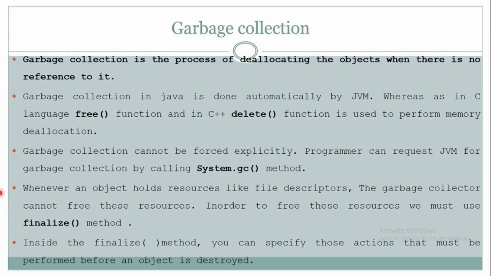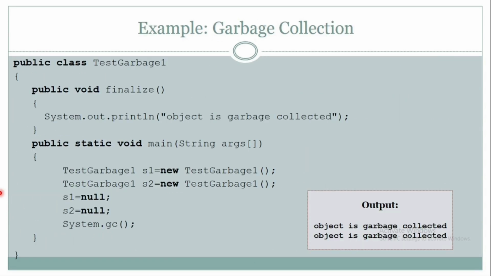Let us understand garbage collection with a simple example. As you can see here, the class is named TestGarbage, and we have the finalize method, and here we have created two objects. These two objects are assigned null values, so S1 and S2 are now unreferenced objects. Now the programmer has explicitly called the system.gc method.